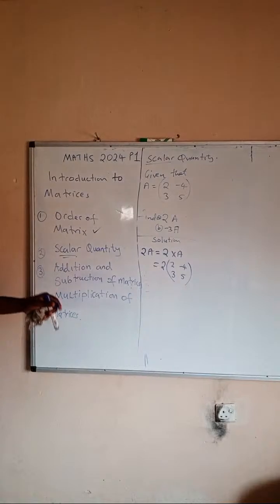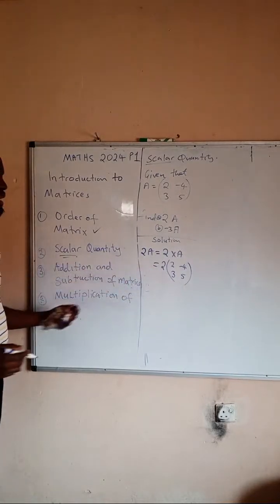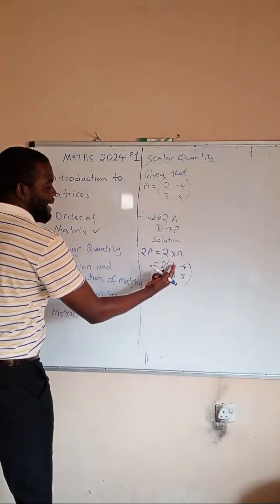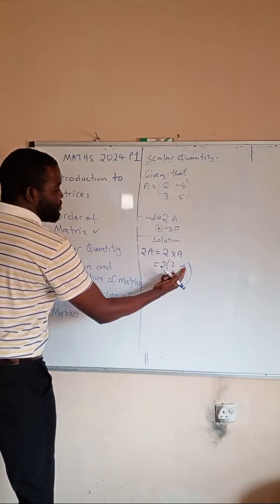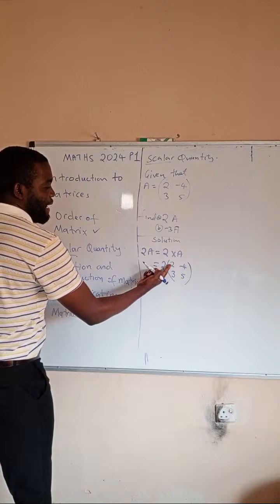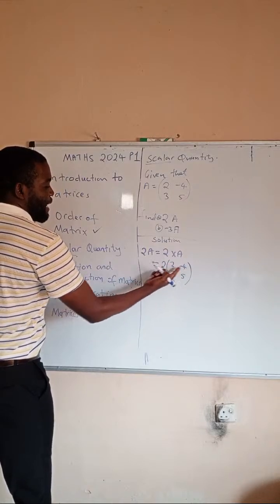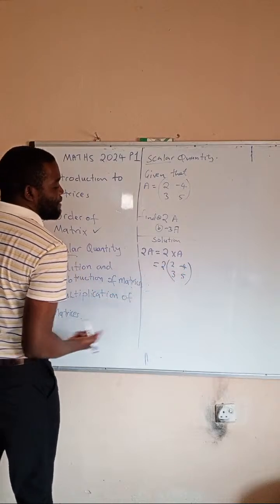So this is what is called the scalar quantity. The scalar quantity is a number outside the matrix multiplying each element in the matrix. So it means 2 is multiplying 2, 2 is multiplying 3, 2 is multiplying negative 4, and 2 is also multiplying 5.